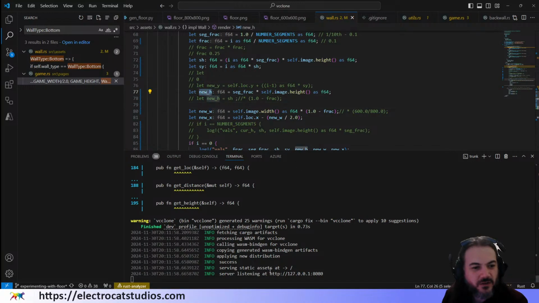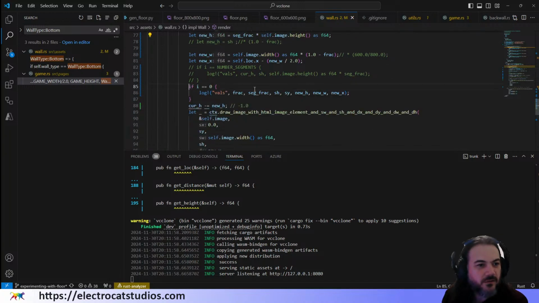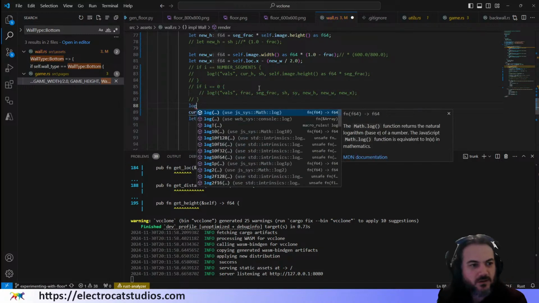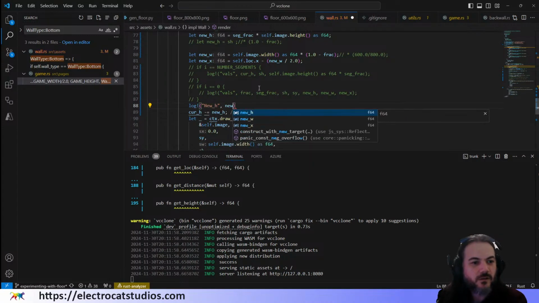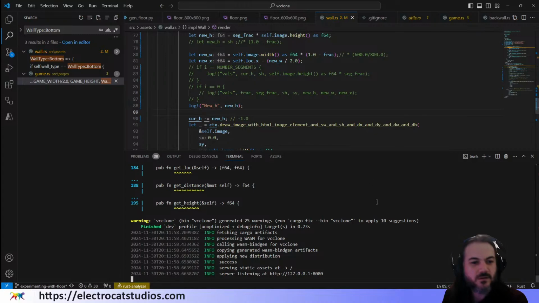I really don't understand this new height thing. Okay, let's go at just logging new height, like this.